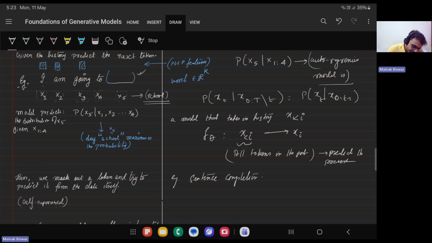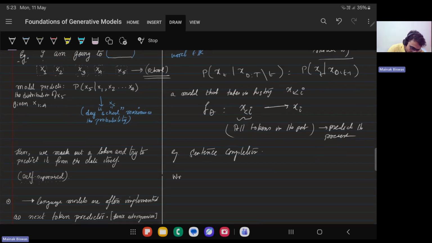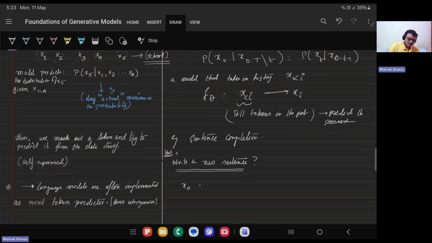If you have to sample, say, write a new sentence, how will I write a new sentence, or how do ChatGPT and things like that write new sentences? They do this. They say x0 is some dummy word.